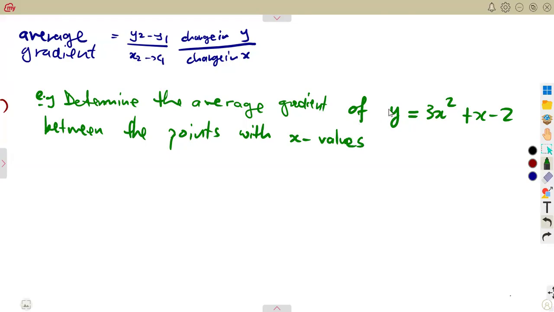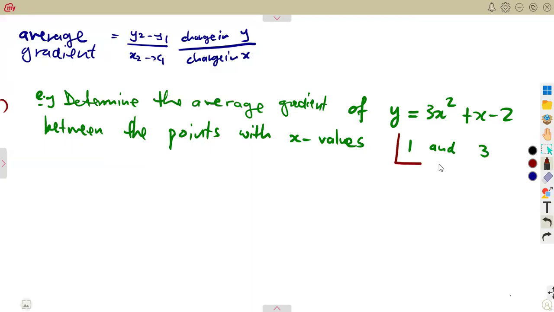So the x values sometimes will be given, that is the abscissa. So if you consider this, that is the abscissa, something like this. All right. So guys, consider that you are given just the points with the x values 1 and 3.